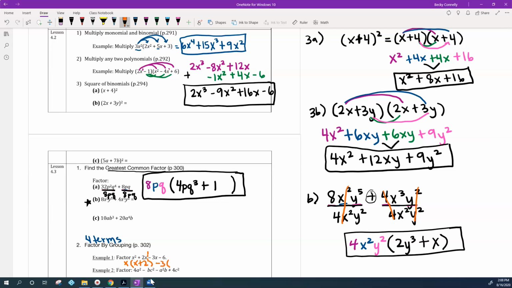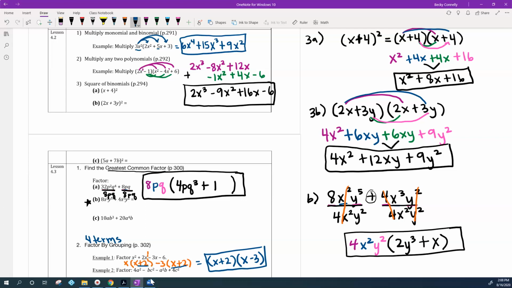When I divide negative 3 out of both of those, I again get x plus 2, which is what I need to get. If these aren't the same, it's going to be difficult to get this factored. The whole thing we're trying to do here is get those the same, because now you can see that x plus 2 is really my greatest common factor. So x plus 2 divides out of each of those, and I'm left with the x minus 3. And so that's how that one factors.